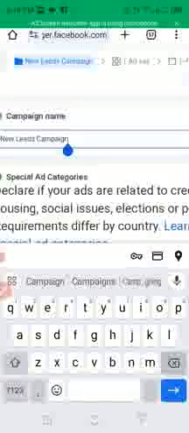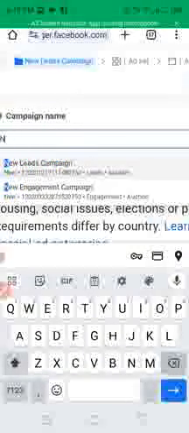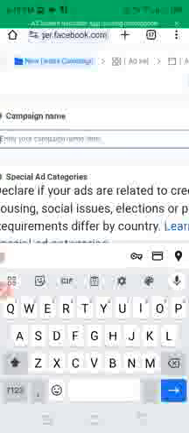Now the next thing we do is to name our campaign. You give the campaign a name. So when you get to the ad set level, you give it a name, and when you get to the ad level, you give it a name. Do you understand?